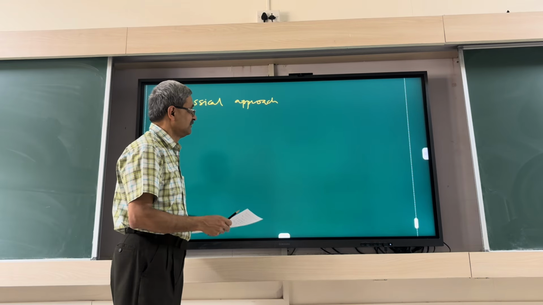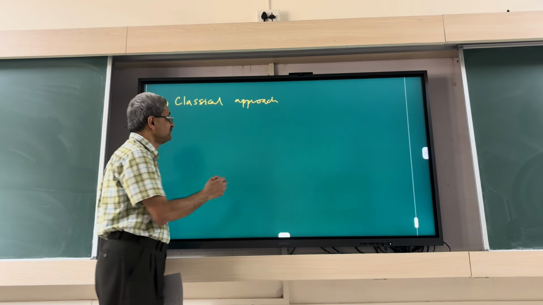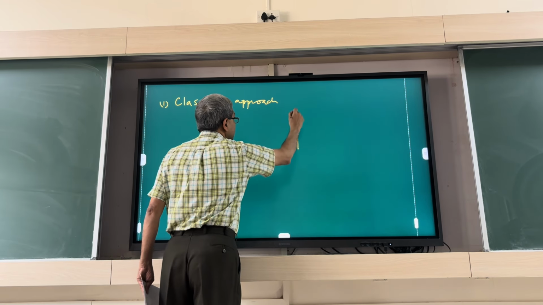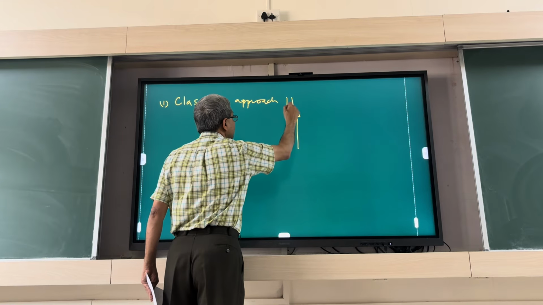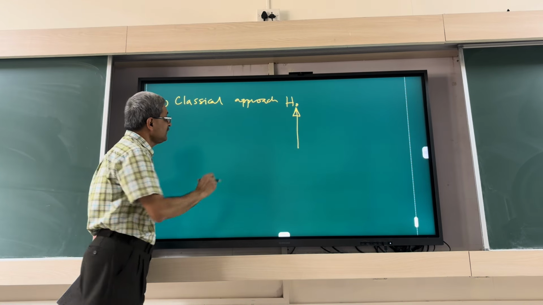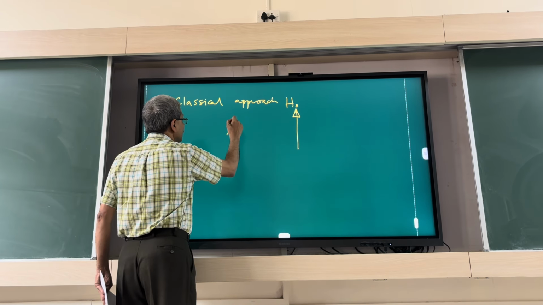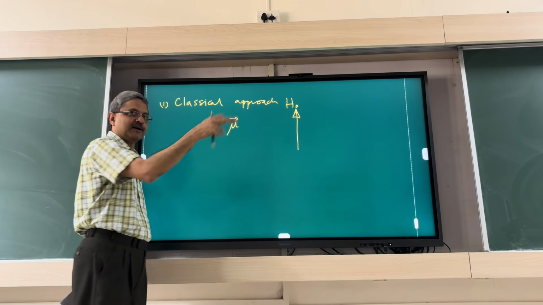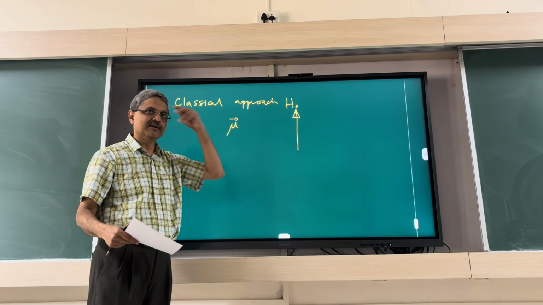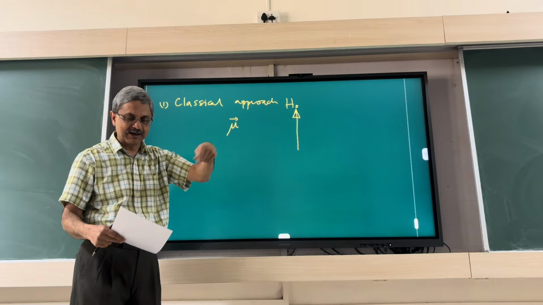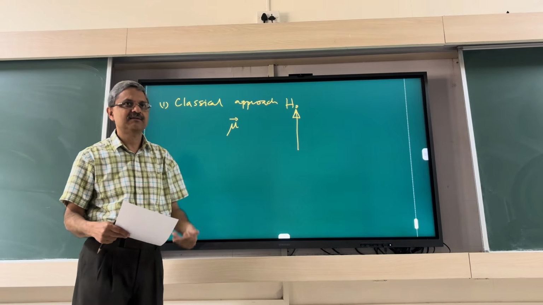If I apply a field H0 and I have a moment mu, which is related via gamma to J, and by another h bar to the I, right?